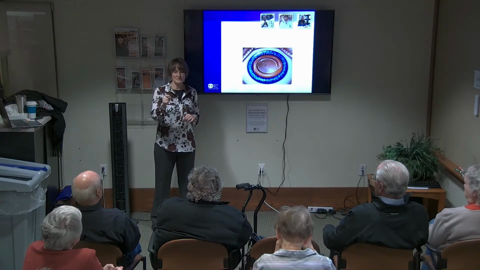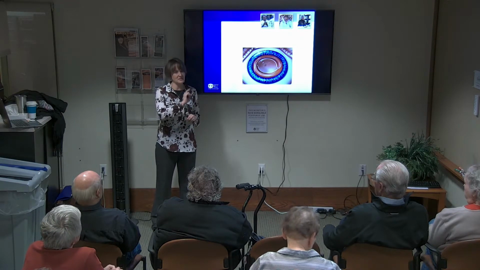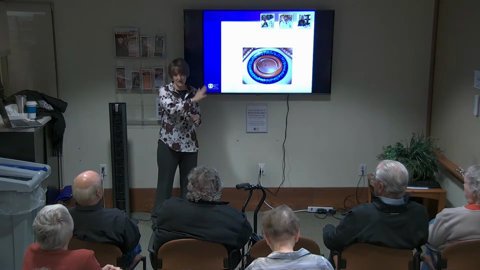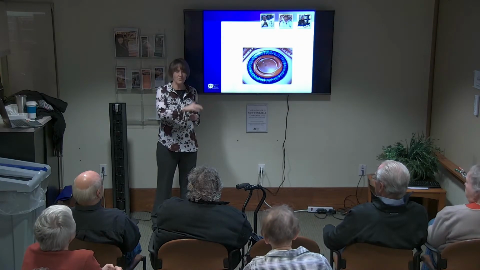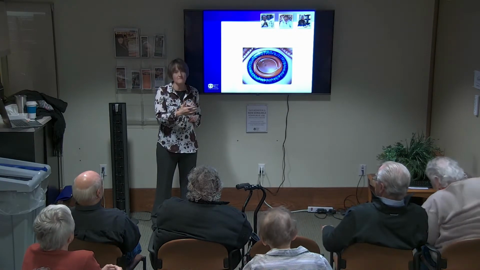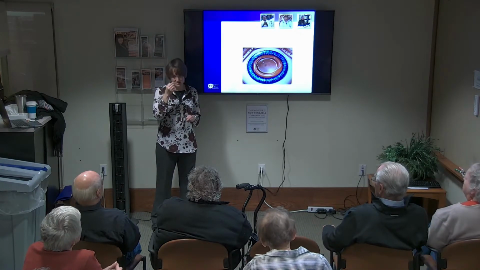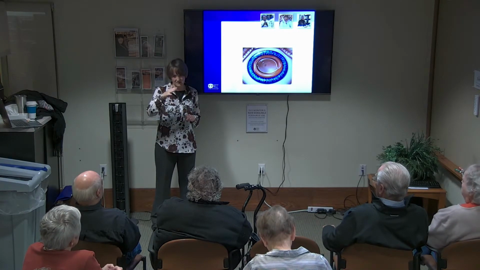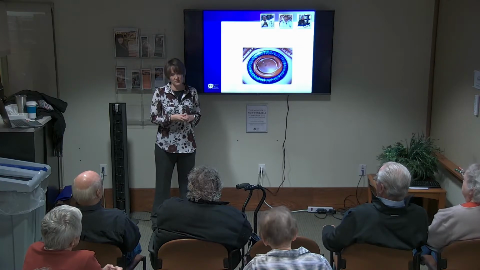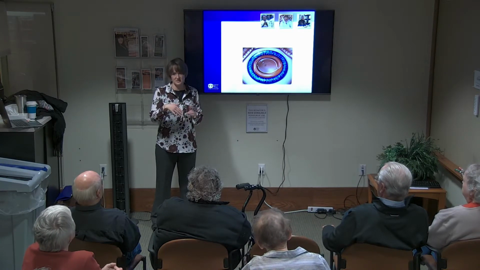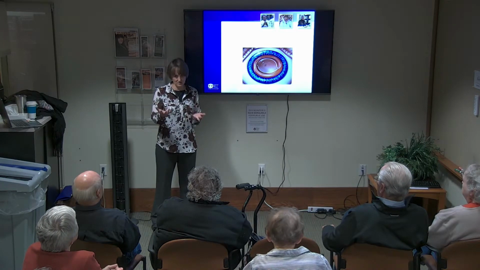The problem is not the lens. It's got to be something either in the retina, like a macular degeneration, glaucoma, or just dryness on the surface. And a lot of times it's the cornea that's causing that slight blur. So changing out the lens is not going to gain what you're asking for. It's something else.